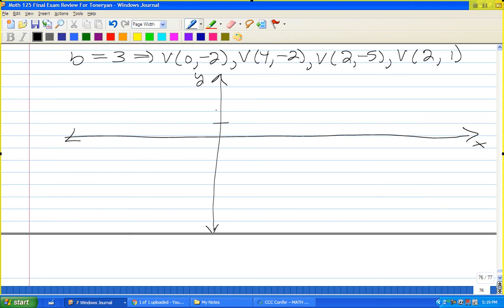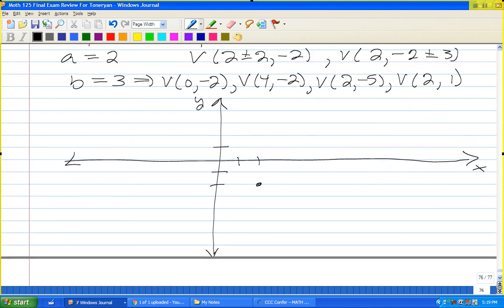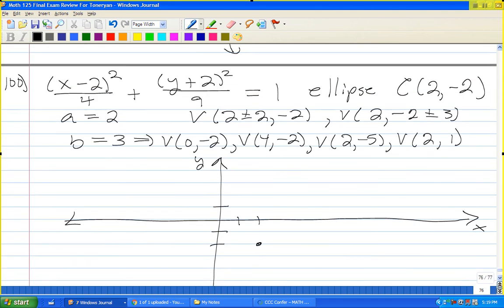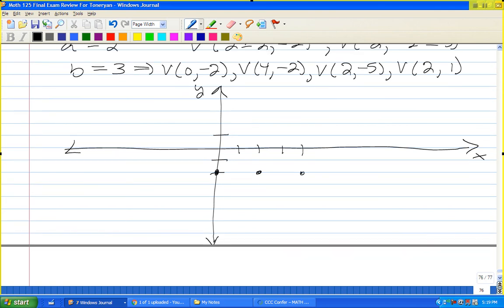So that's the center of my ellipse. And I go 2 in the x. So 1, 2 in the x. 1, 2 in the x. And I go 3 in the y. So 1, 2, 3. 1, 2, 3.